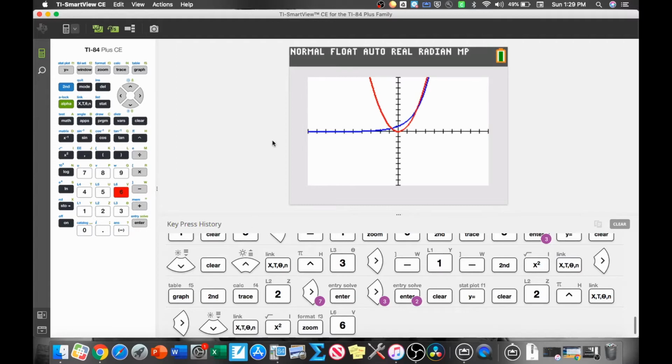You can see that there's going to be an intersection right here. You can see that there's going to be another intersection right here. But if you look over here, and you can imagine that this blue graph is going to be shooting up, and this red graph is going to keep widening, you kind of expect that there's probably a third intersection. So we should play with our window a little bit and see if we can see a third intersection.